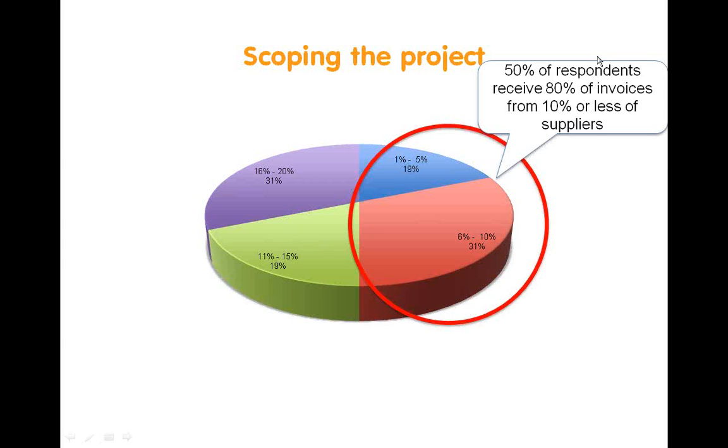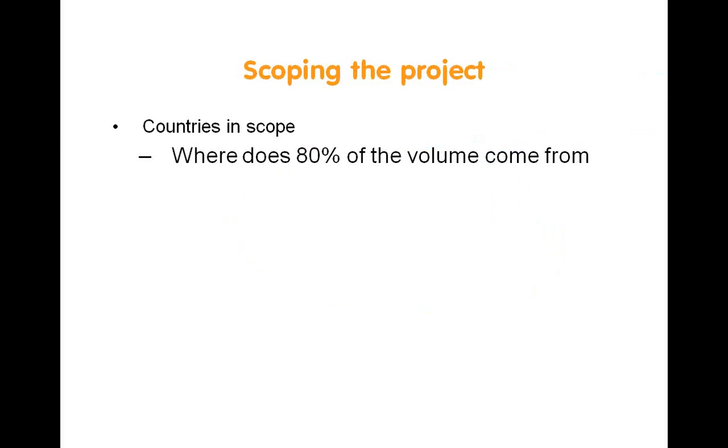You can see here that 50% of respondents said that 80% of their invoices came from 10% of suppliers. That really is quite a powerful message. It just means that you need to understand those suppliers and then focus your energy on that group of suppliers.